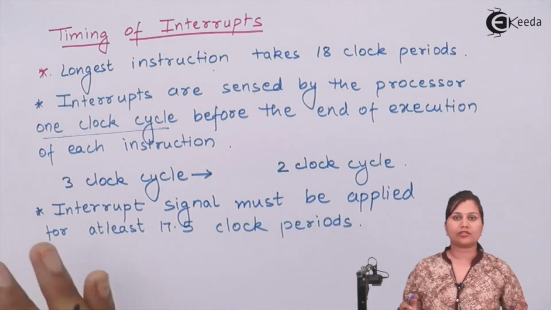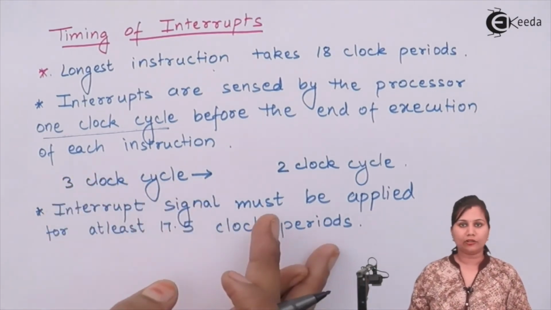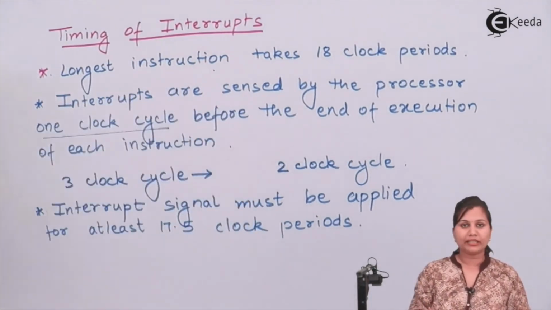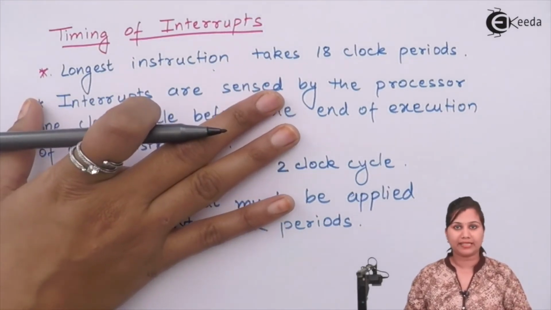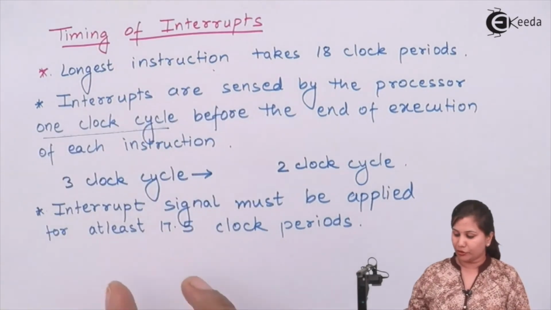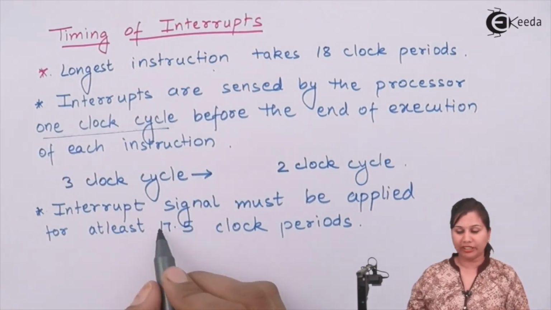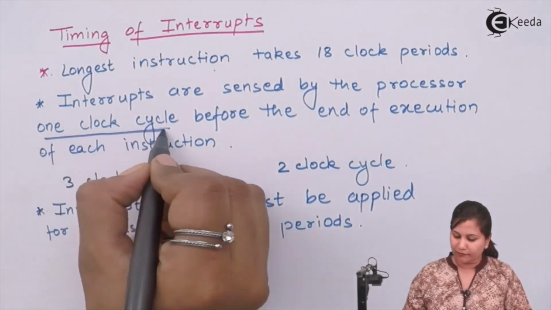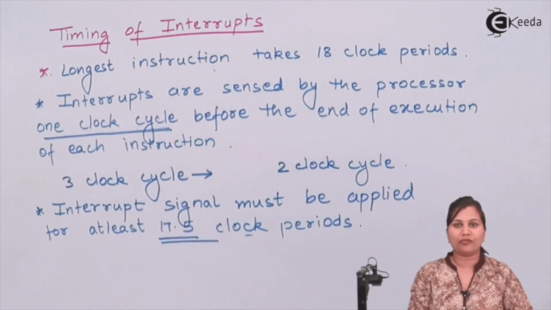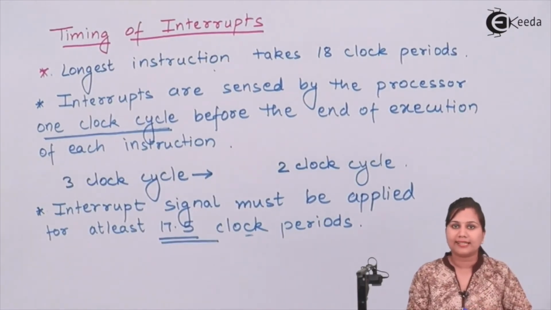Because the longest instruction takes 18 clock periods, when an interrupt is given during its execution, it should be available at least till 17 clock periods, because one clock cycle before the end of execution, interrupts are sensed.